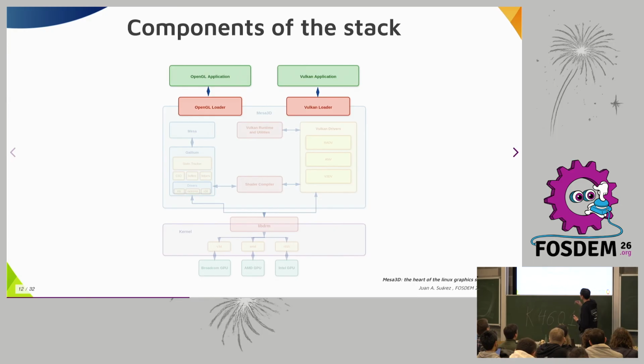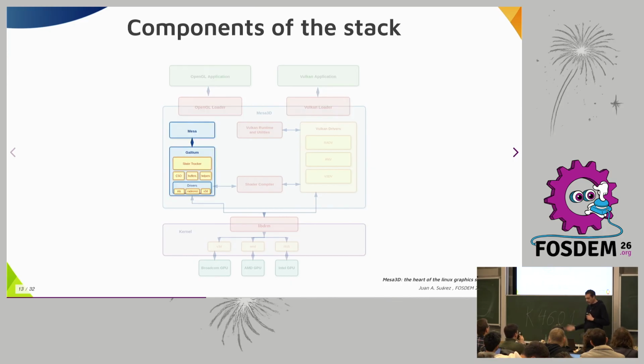This has the advantage that you create the applications and you can choose different GPUs to run them. Usually the loader will choose the best one for you, but you can change it if you have multiple GPUs. You can choose, okay, I want to run this application with this GPU and this other application with that one.